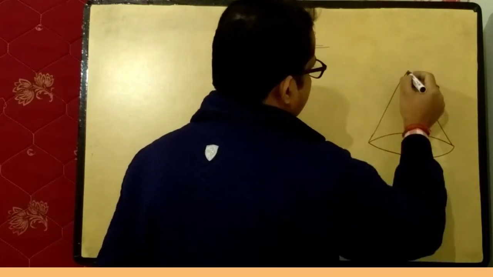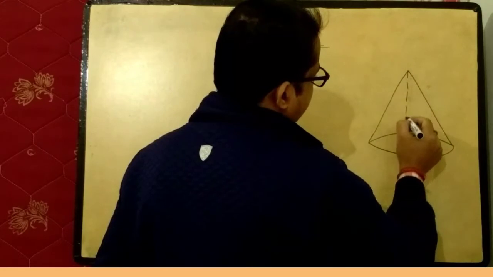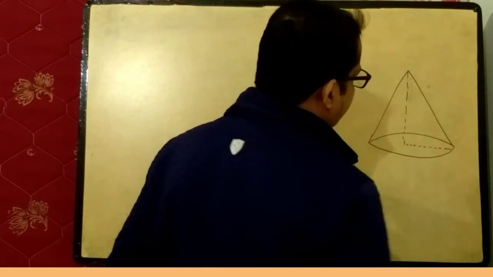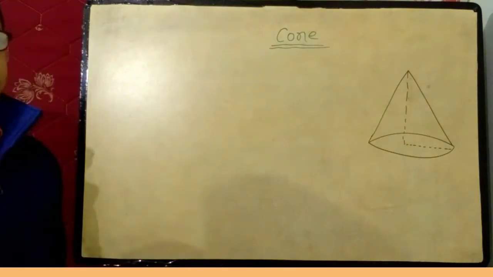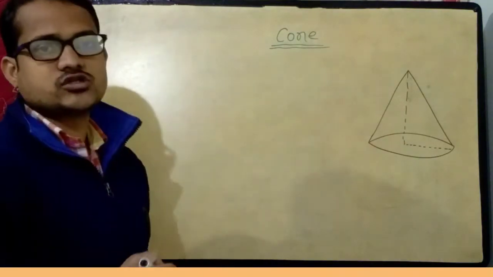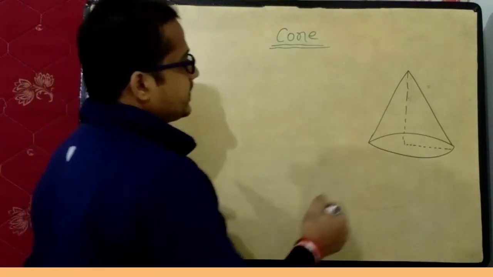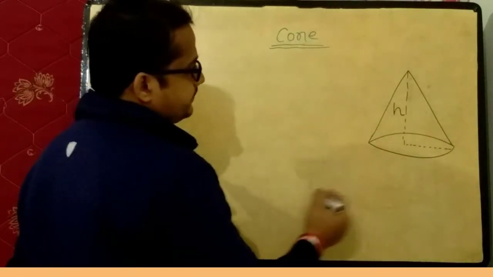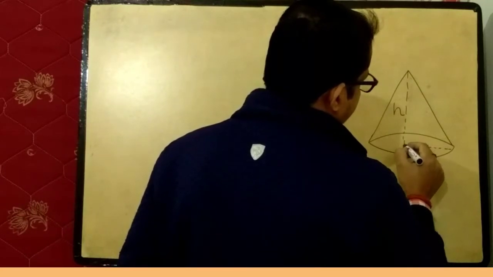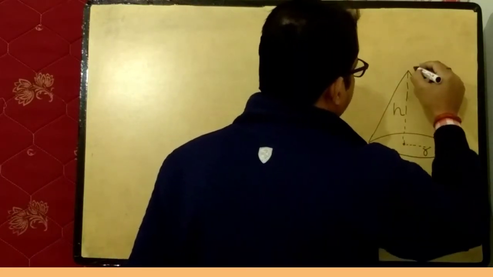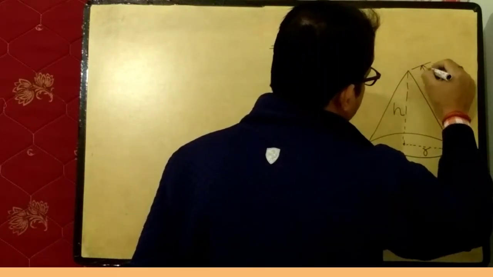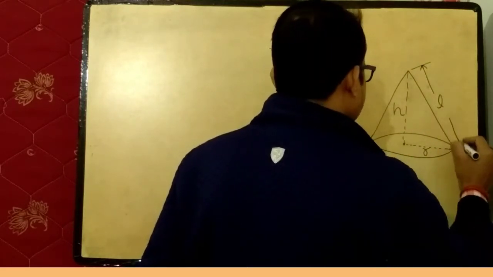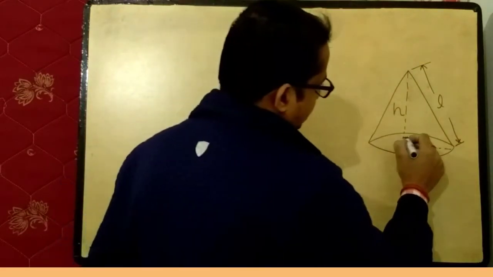Just like cube, cuboid and cylinder, this cone is also a three-dimensional figure. Suppose this is the height of this cone, small r is the base radius of this cone, and this is known as the slant height, for a right circular cone.